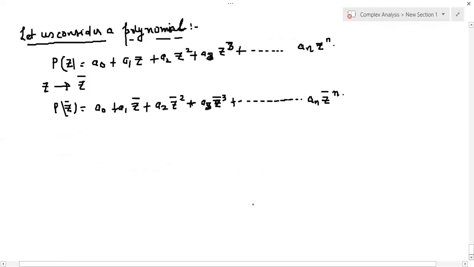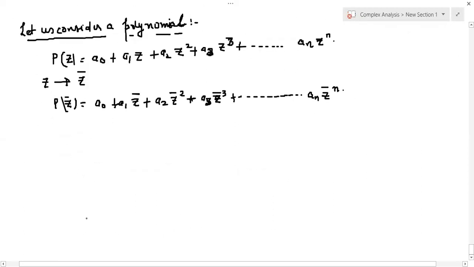So z is replaced by z bar. Now, the original polynomial function, we know, is differentiable everywhere and continuous everywhere. It has got no problem. It is continuous and differentiable on the finite complex plane.